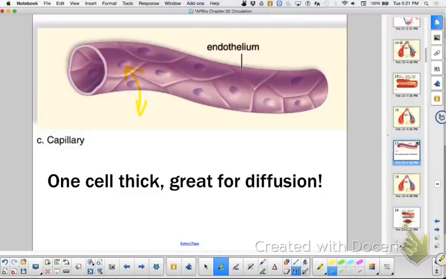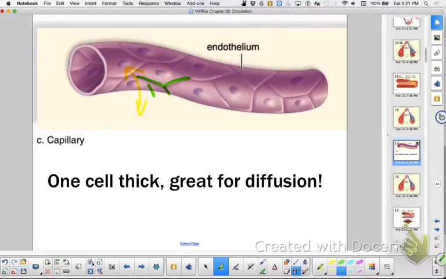We'll talk about the dynamics of how it goes across in a little bit, but it could go between the cells, kind of like the apoplast in a plant, or through the cells, like the symplast, when we talked about roots.